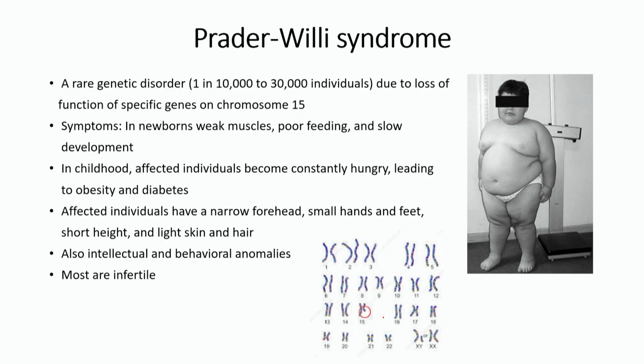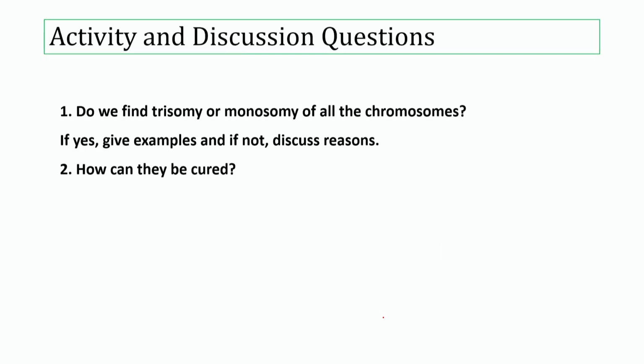In childhood, affected individuals become constantly hungry, leading to obesity. The picture you can see, and this results in type 2 diabetes also. Affected individuals have a narrow forehead, small hands and feet, short height, and light skin and hair. Also intellectual and behavioral anomalies, and most of them are infertile.